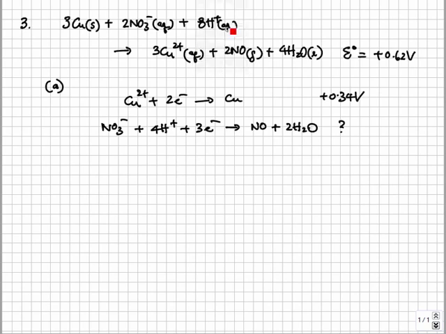To get the overall reaction above, we see that Cu on the reactant side is on the right side of the first half reaction. Therefore, we must flip this around and reverse the sign of the half reaction potential.